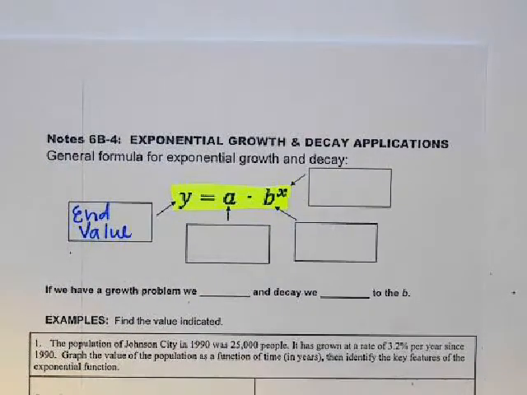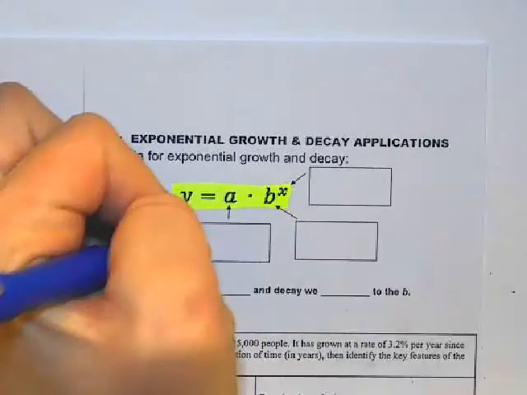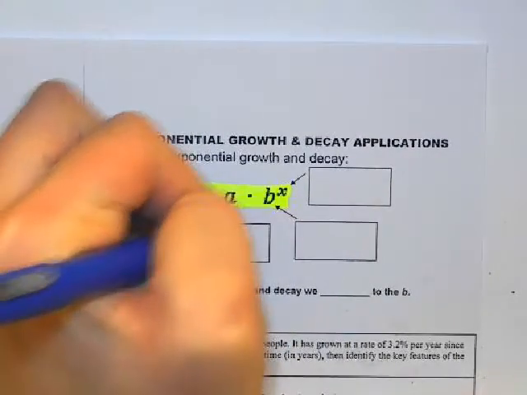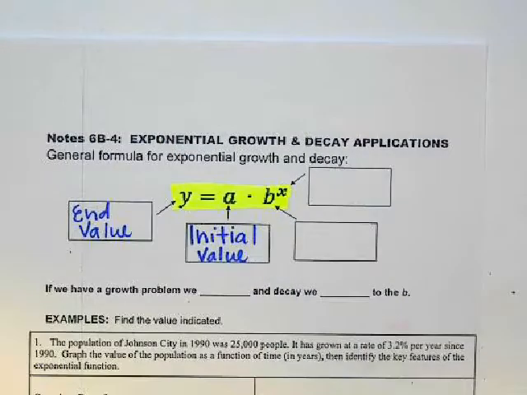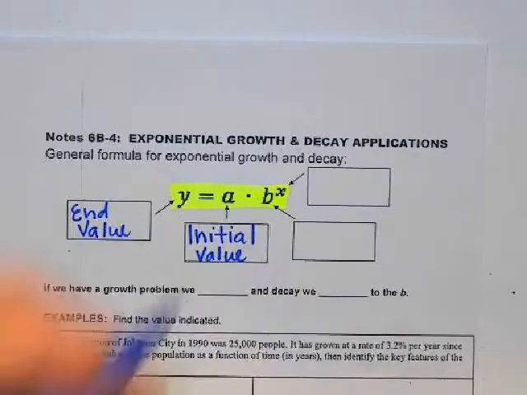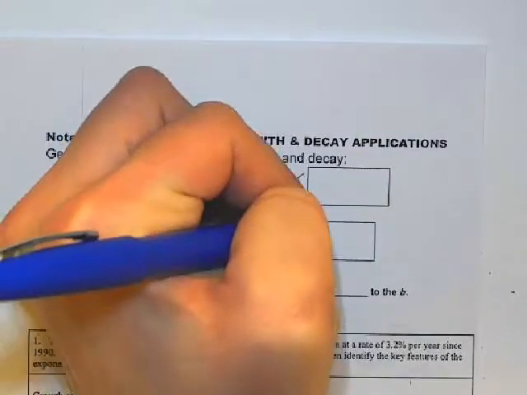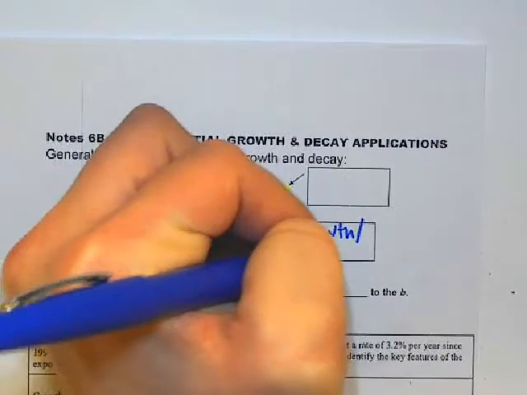Your A, whatever number you're going to put in the A spot, that's always your initial value, which is the same thing as your y-intercept, right? Your y-intercept is where you start. Your A is your initial value for word problems. Your B is going to be your growth/decay factor.